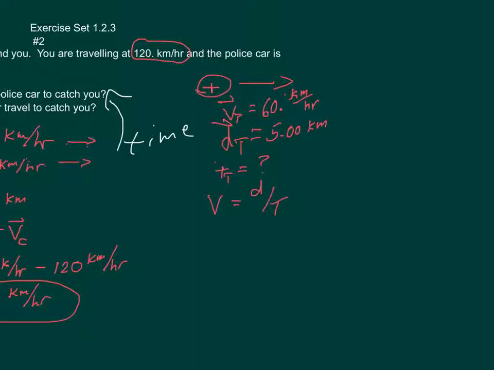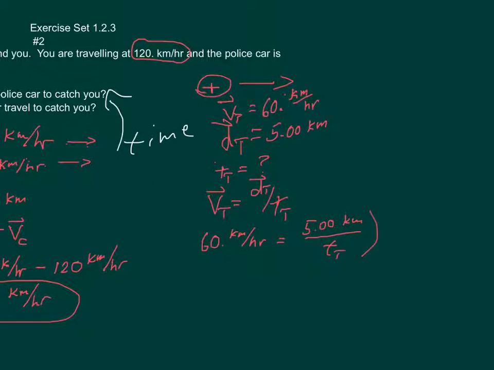And in this case, this is V total equals D total over T total. We know V is 60 kilometers per hour. That's equal to 5.00 kilometers over T total.